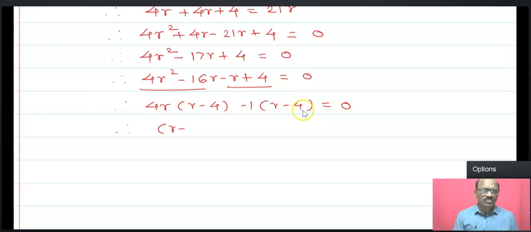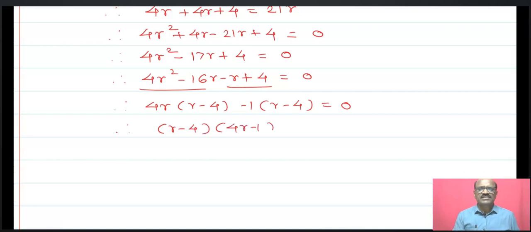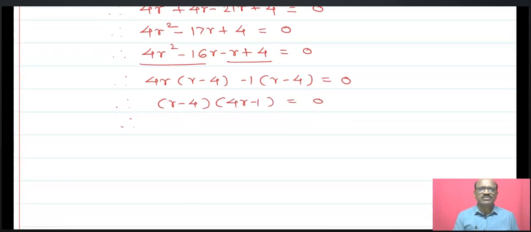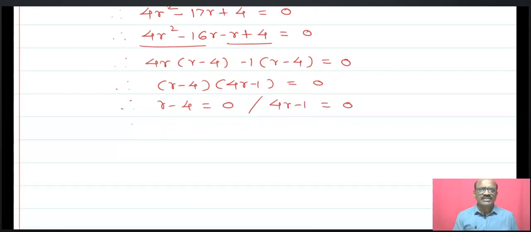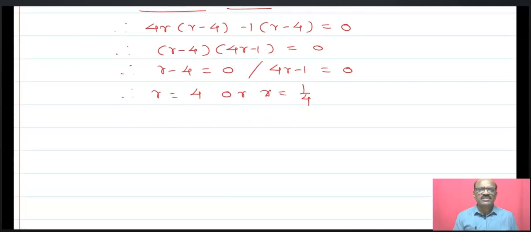And again take the common from these two terms, R minus 4 in first bracket, and in second bracket you will get 4R minus 1. Now in first bracket R minus 4 into 4R minus 1 equals 0, and that's why R is equal to 4 and R is equal to 1 by 4. Now these are the two values of R.